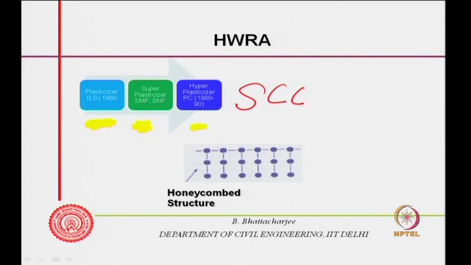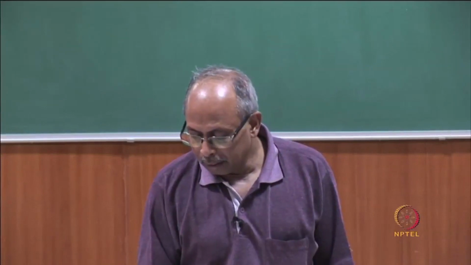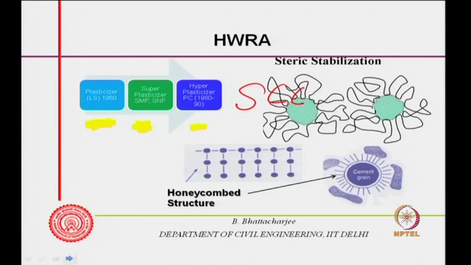So, this is the honeycomb structure, and we know that because of the steric stabilization, it would disperse the cement grains more, and that is what resulted in this kind of concrete, that is self compacting concrete.